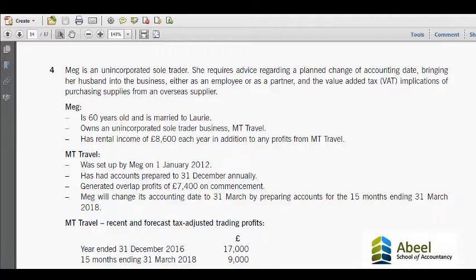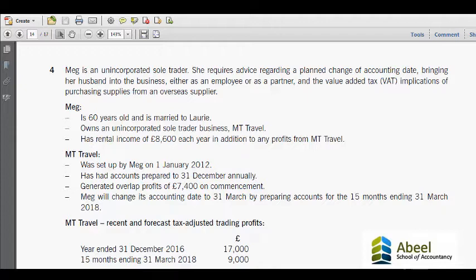MD Travel was set up by Meg on 1st January 2012, has had accounts prepared to 31st December annually, and generates overlap profit of 7400 on commencement. Let's stop over here. Whenever a business starts, then basis period comes into the business.